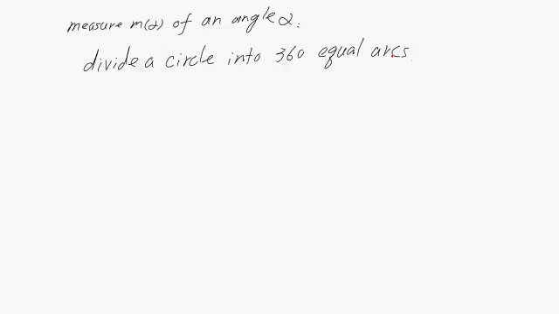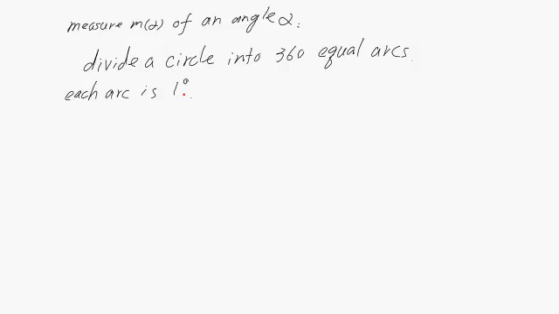Then each arc is just called 1 degree. So each arc is 1 degree. Then to measure an angle, you may just count the number of degrees that this angle contains.